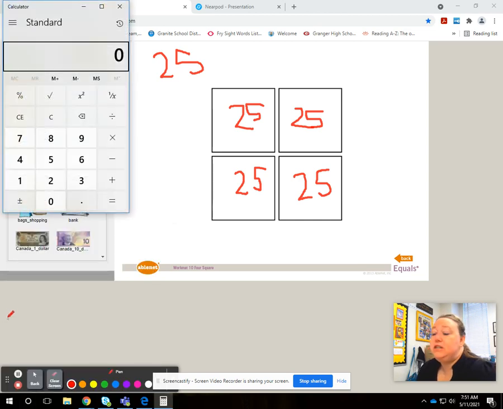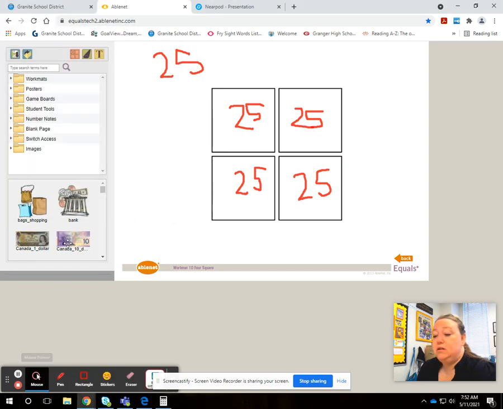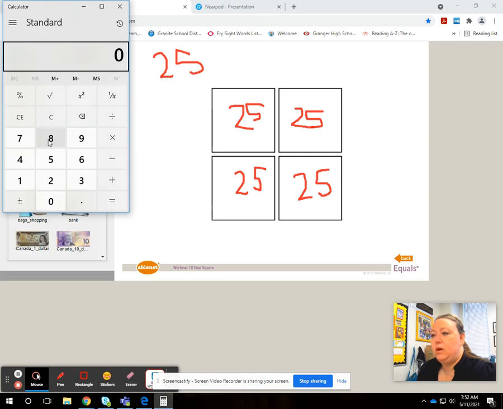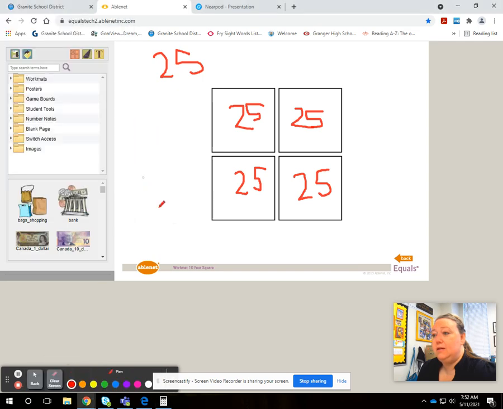Now, if I were to use my calculator right here, which I'm going to do right now, whoops, it went away. There we go. I would go 25 plus 25 plus 25 plus 25. That's four 25s, right? That's going to equal 100.